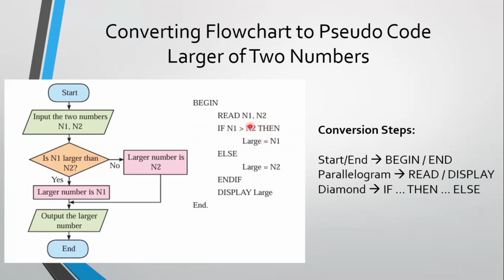If N1 is bigger, it is stored in the large variable. If not, N is stored there. Finally, we display whatever is in the large box as the output, right? Again, we can see that instead of start and end, instead of this oval shape, we use begin and end keywords in pseudocode.